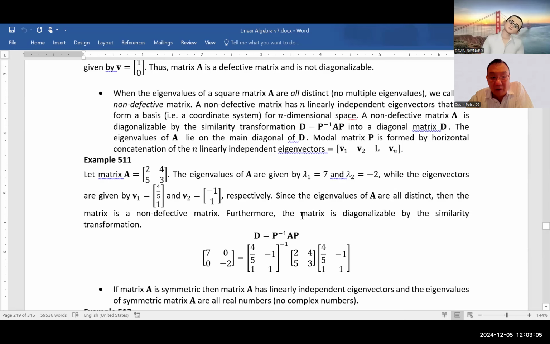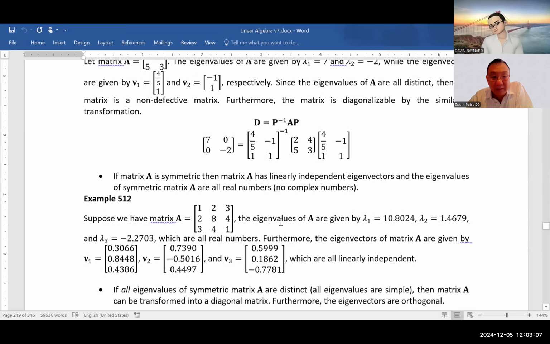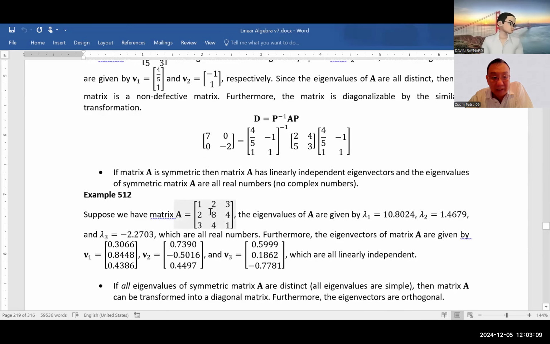Now, if the matrix A is symmetric, these are examples of symmetric matrices, right? You see 2, 2, 3, 3, 4, 4 here. Then you are sure that the eigenvalues are all real, not complex numbers.